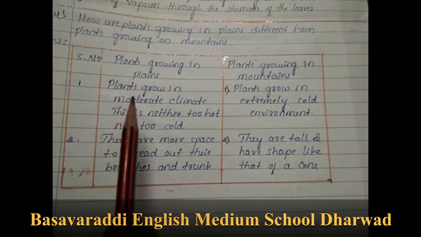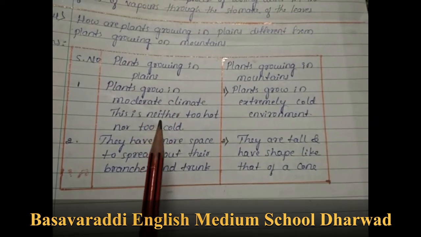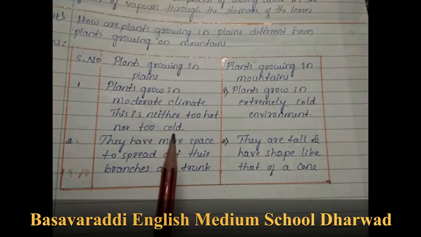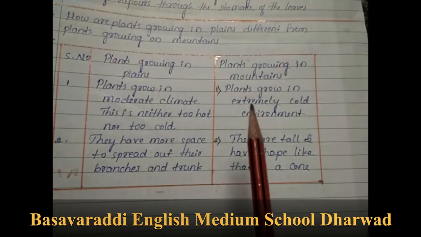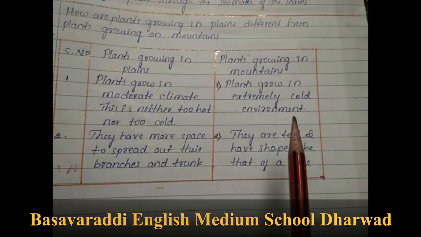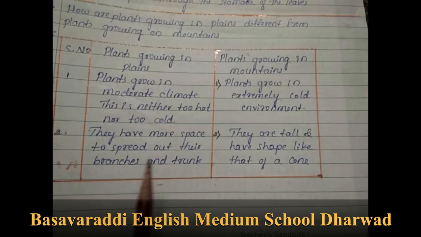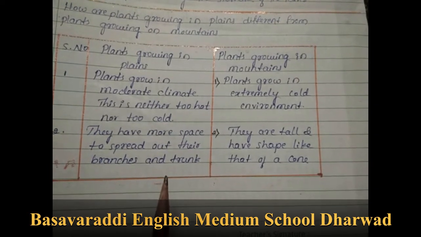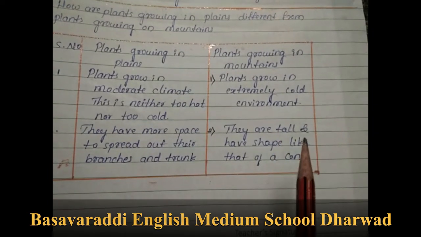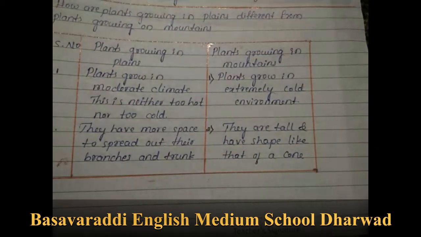The first one, plants grow in moderate climate, neither too hot nor too cold. Plants grow in extremely cold environment. The second one, they have more space to spread out their branches and trunk. They are tall and have a shape like that of a cone.